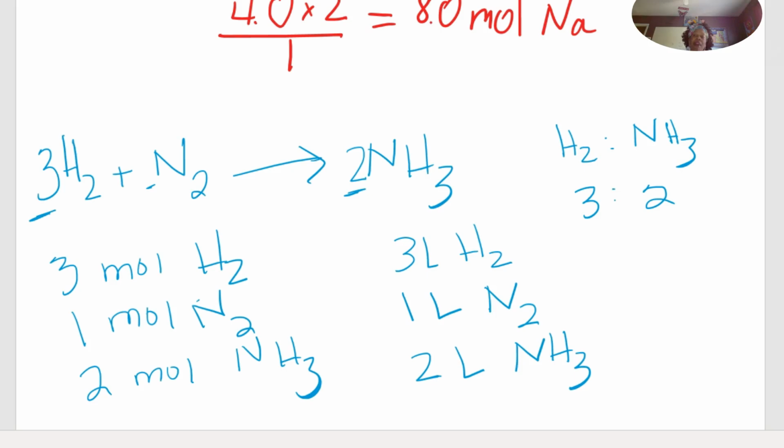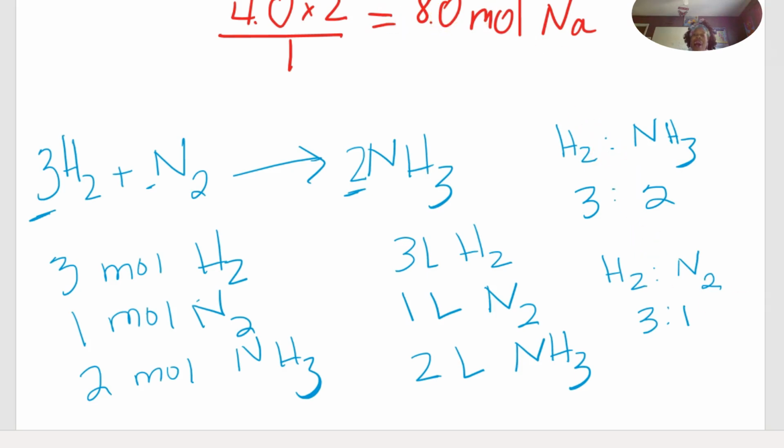So let's say hypothetically that I wanted to ask you, what's the mole to mole ratio of hydrogen to, let's say, nitrogen? Look at the coefficients and you would say, oh, that's 3 to 1. Okay? Plain and simple.